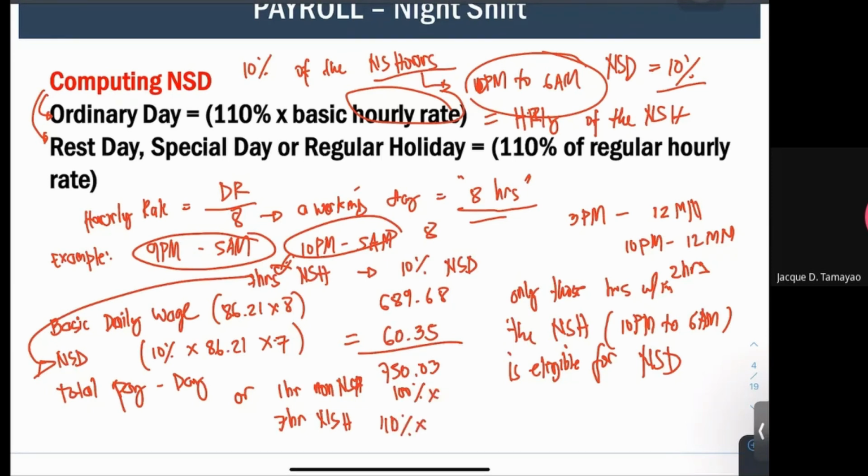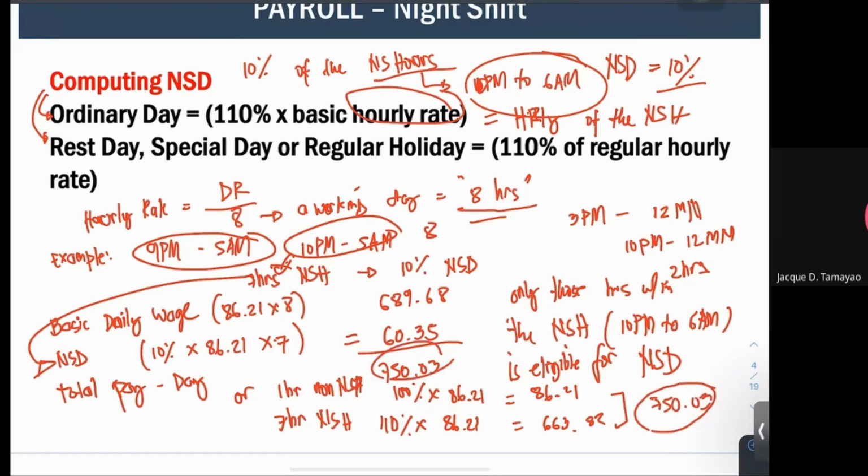What is our computed hourly rate a while back? 86.21. Okay. So 100% times 86.21, 86.21. Then 110% times 86.21 times 7 hours, we have here 663.82. Okay. 86.21 plus 663.82, we will still get 750.03.